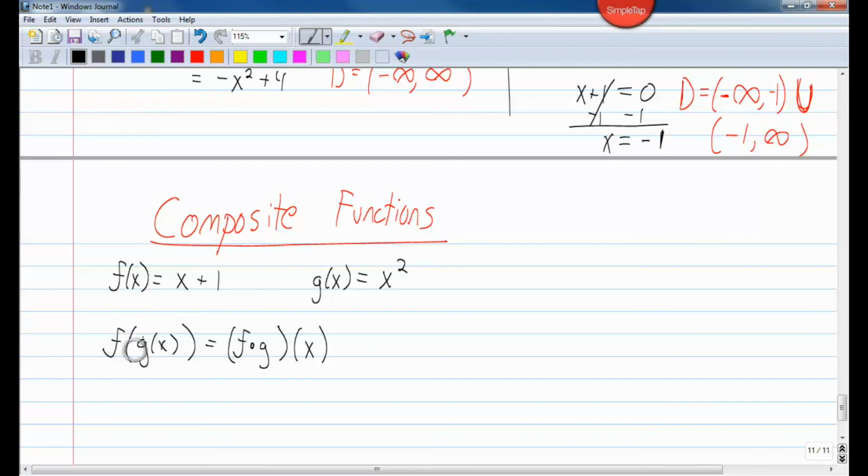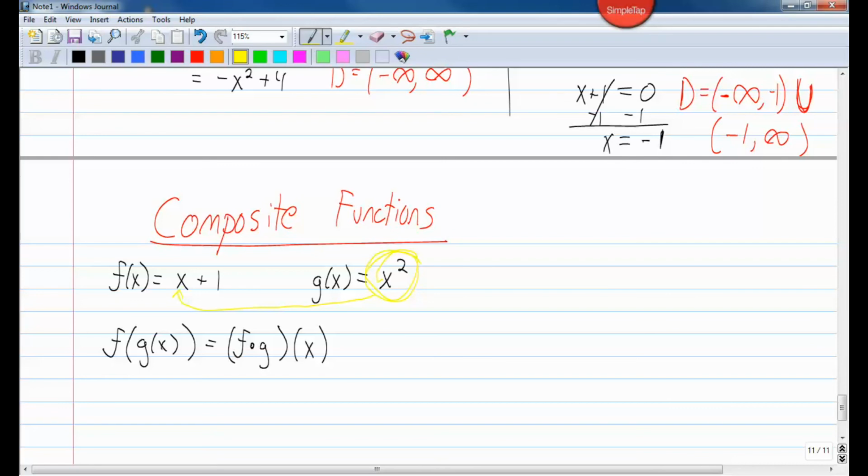F of g of x means to take g of x and plug it into f for every x. So on this one, I take g of x, take this right here, and plug it into f for every x.